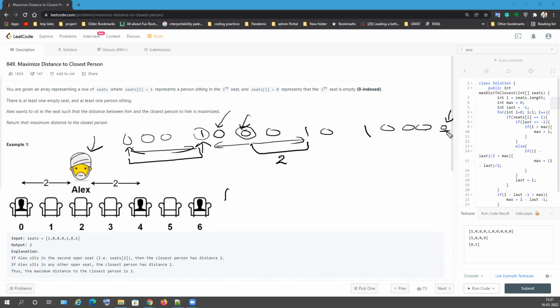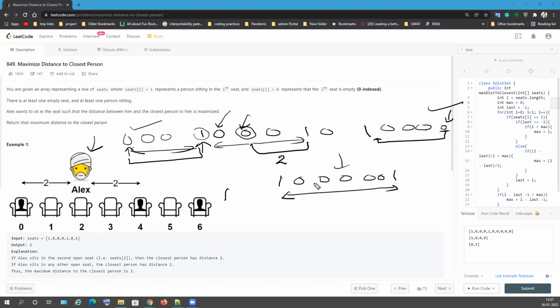If sitting in the last position, the distance is this one. But if empty seats are in between two occupied seats, which seat is the perfect one? You have to calculate the distance between these two ones and then divide it by 2, the middle one. So three cases are there: either empty seats are in the starting, in the last, or in between.